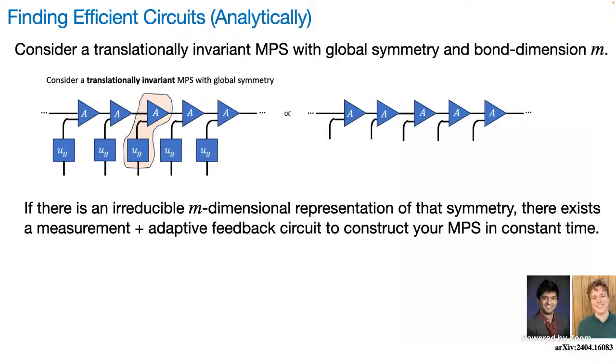So here we're going to do the opposite. Here we're going to think hard. This is work with a student, Abed, and collaborator Kevin. Instead of writing down an algorithm, we're going to talk about a class of many states, but a little bit special states, where we can analytically understand how you can use measurement plus adaptive feedback to significantly accelerate their state preparation.